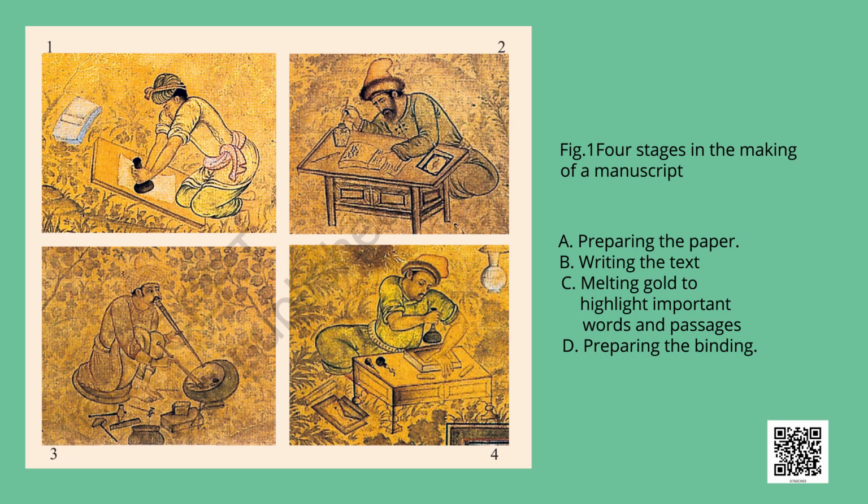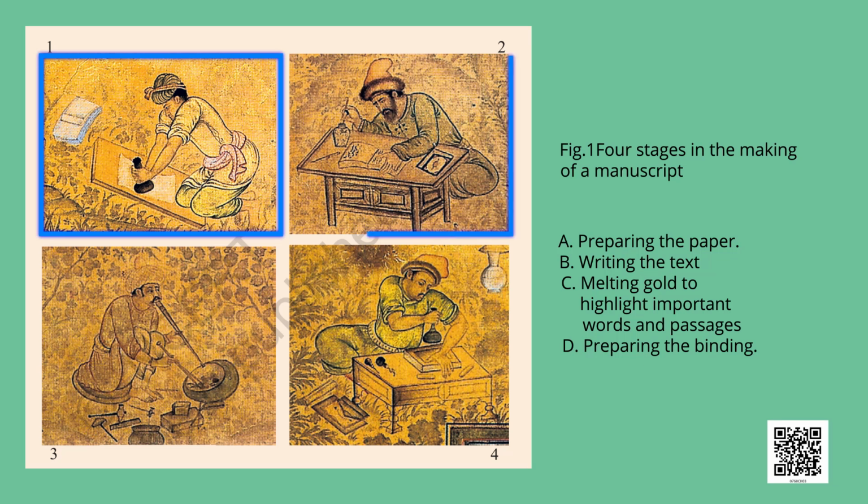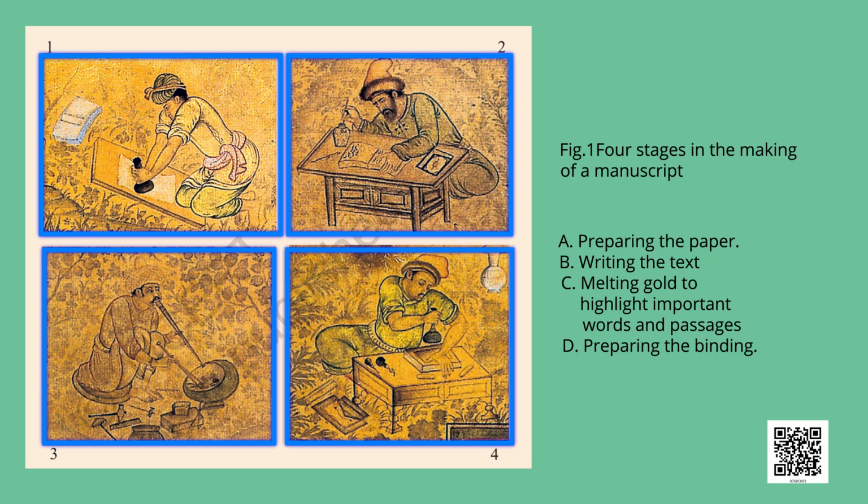Here you see some pictures. In these pictures, 4 stages in the making of a manuscript are described. Picture A, preparing the paper. Picture B, writing the text. In picture C, melting gold to highlight important words and passages. Number 4, preparing the binding.